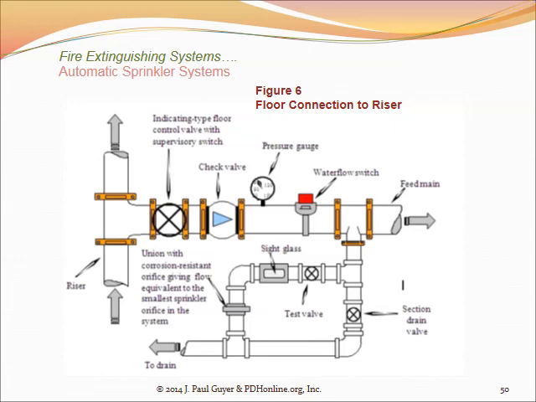When that switch senses that water is flowing in the pipe, that means that one or more of the sprinklers on the floor has opened, which means that there is a fire on that floor. And so that sends the signal to the electrical or electronic alarm system to sound the local alarms and send the report of the fire to the fire department.